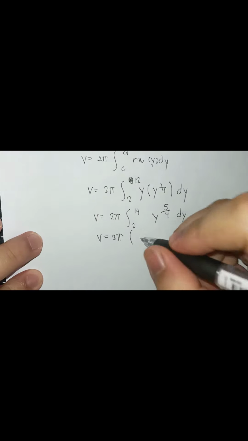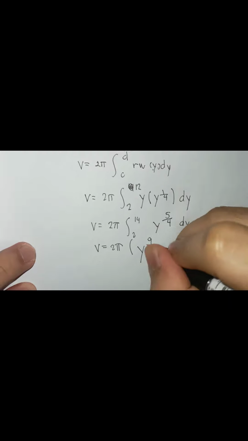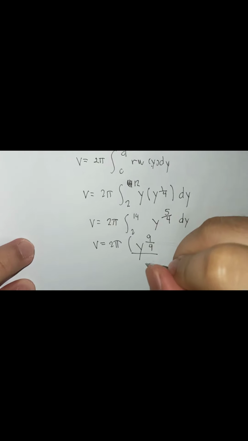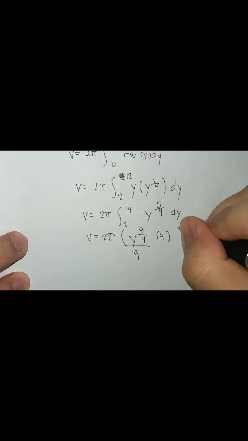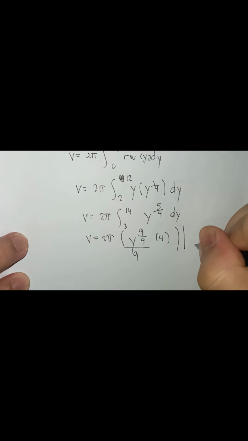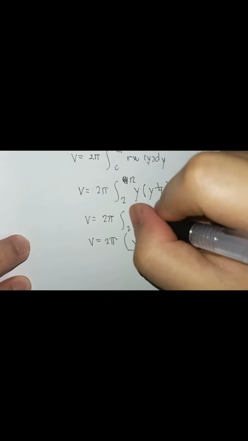After that, let's integrate. It will become y raised to 9/4 over 9/4, and then we can just bring up the 4 here. Evaluate from 2 to 12. Another mistake here.